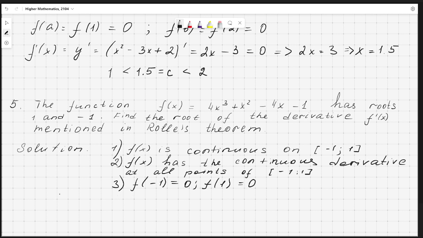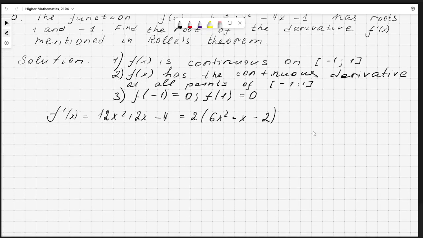F prime of x equals 12x squared plus 2x minus 4, or 2 times 6x squared plus x minus 2.